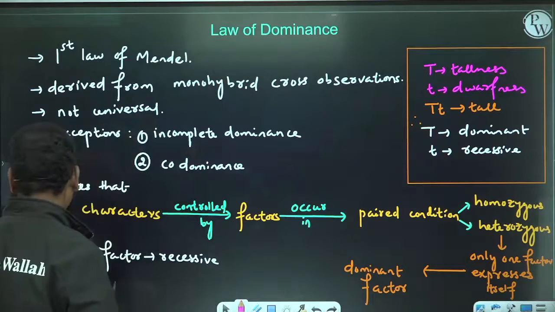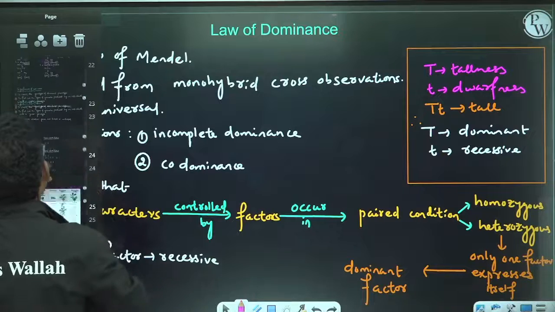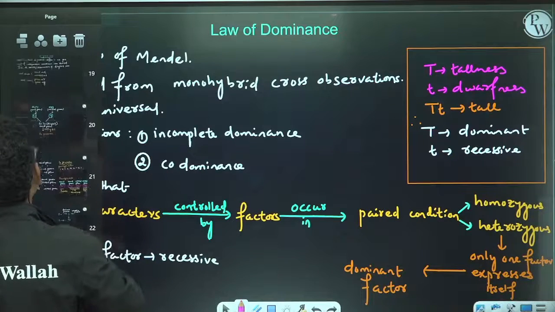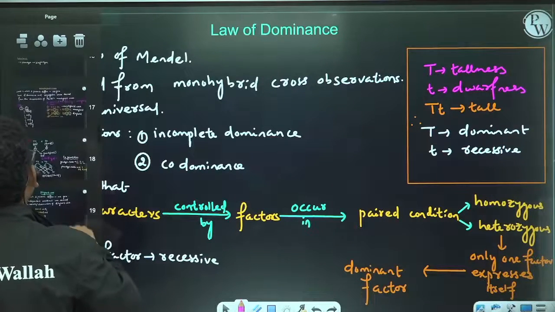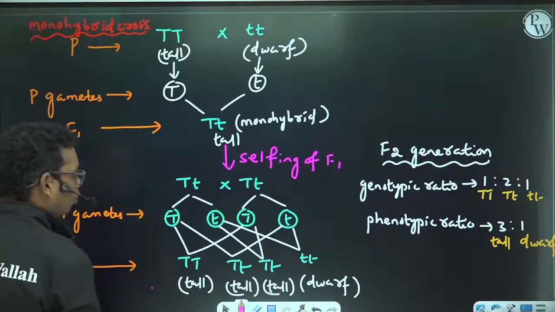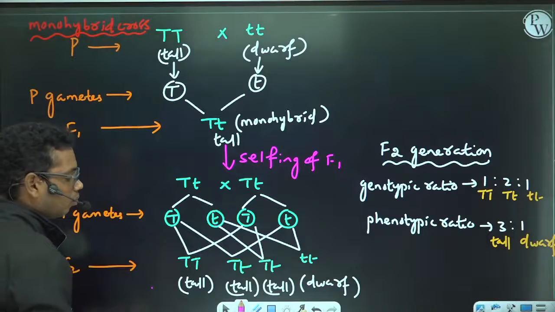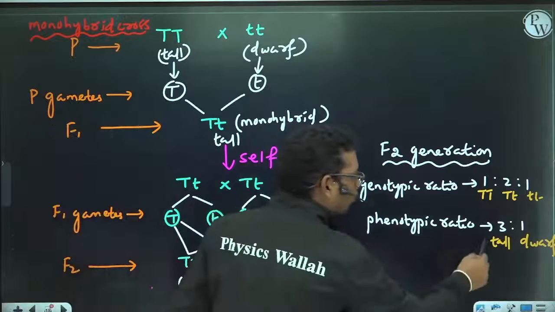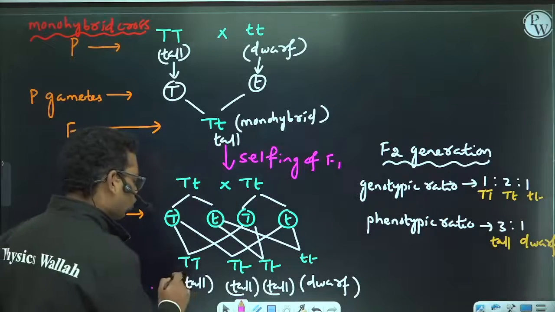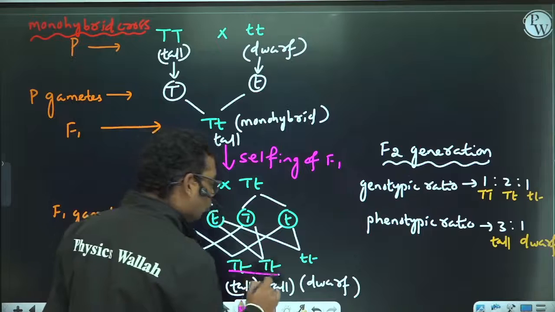Why? Because you know very well that in monohybrid cross, in F2 generation, the phenotypic ratio is 3:1. 3 tall are produced. This is tall, no problem. But these two are also tall.